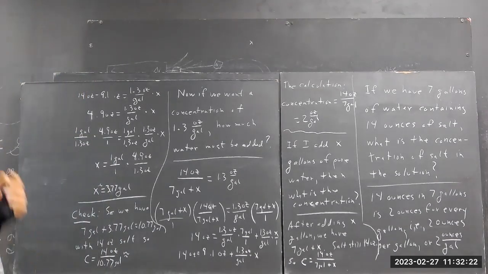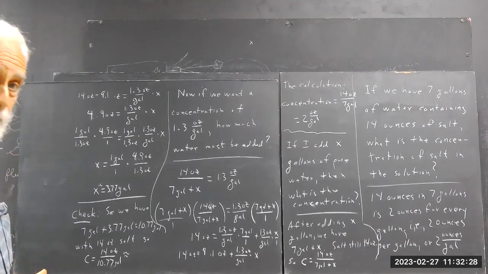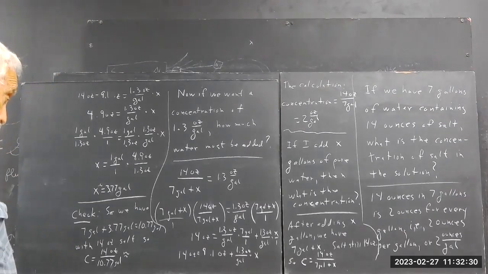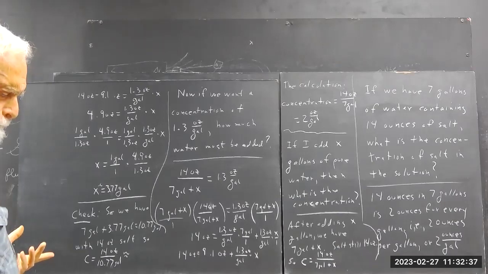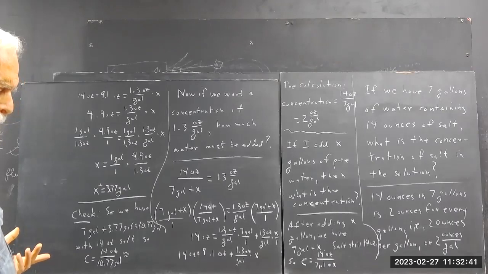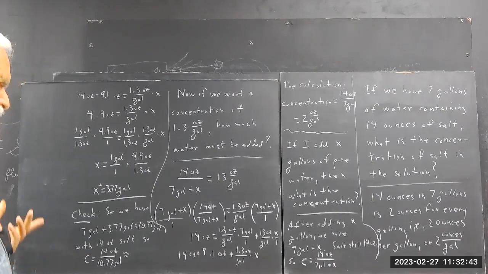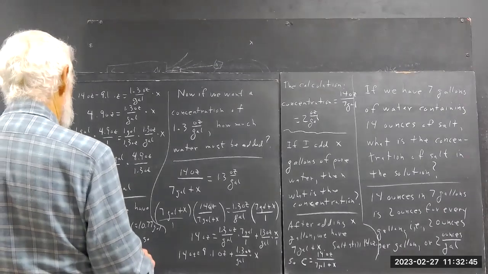That's 14 over 11. It would be a little less than 1.3. 14 over 10.77. Well, if we do 10.77 into 3.23. Seven might be a little hot, but you can check it out.